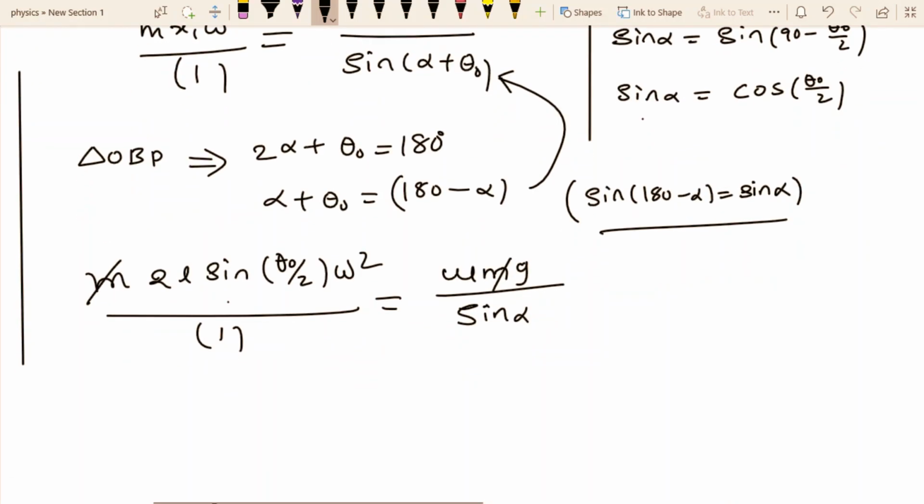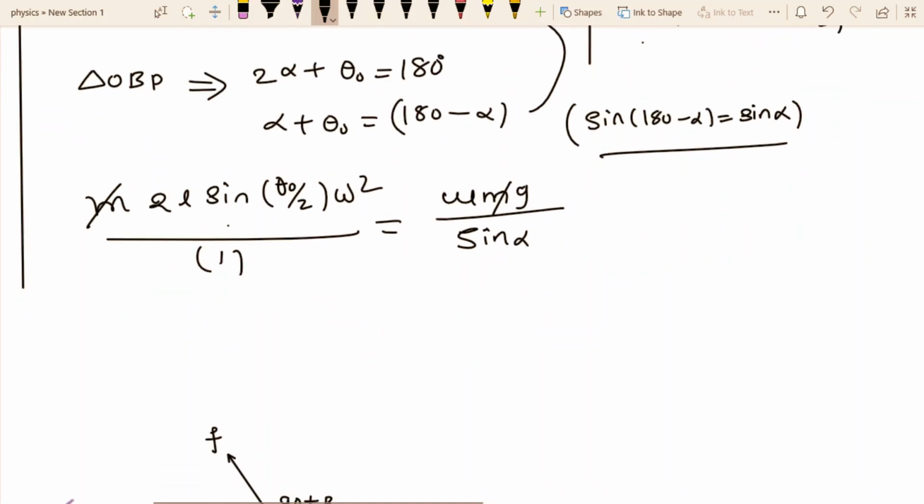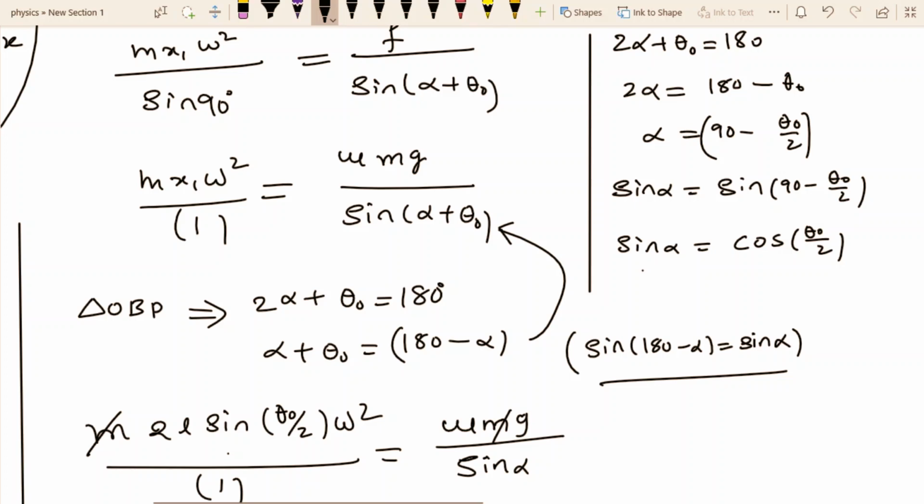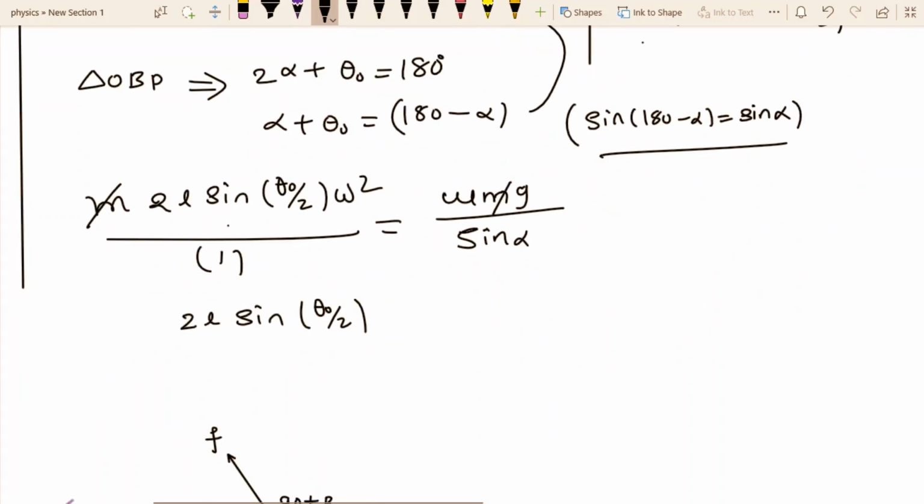So instead of sine alpha, you can put cos theta naught by 2 and compute the value of omega. Here 2L into sine theta naught divided by 2 cancels, and cos theta naught divided by 2 into omega square is equal to mu g.